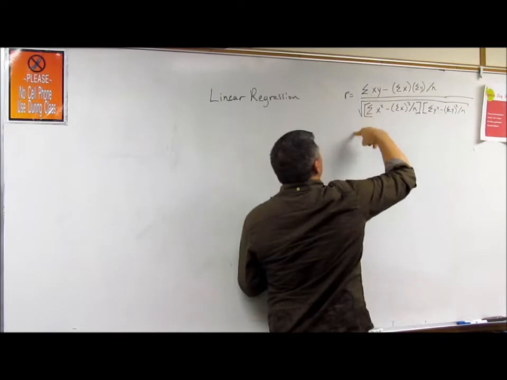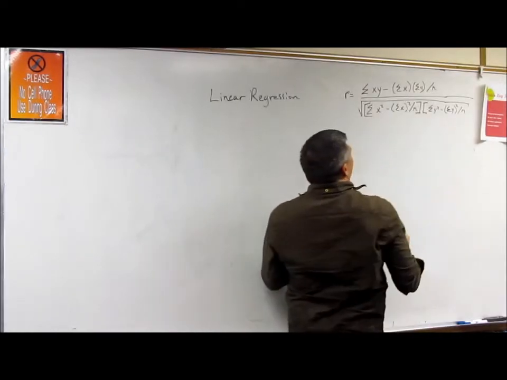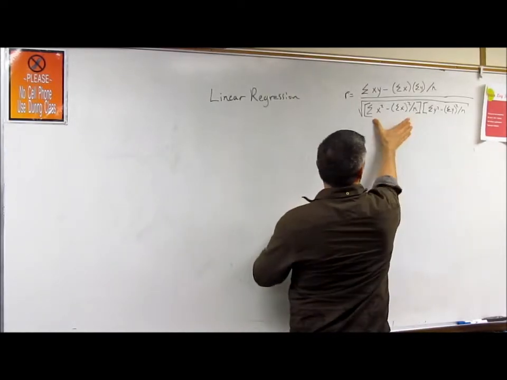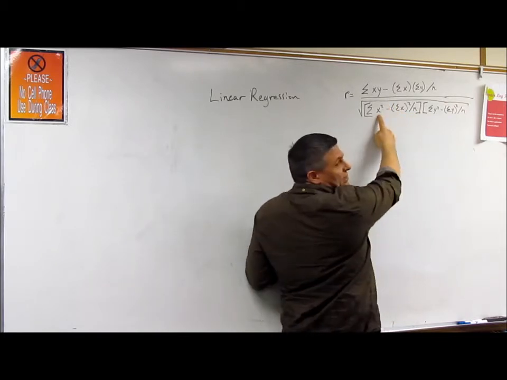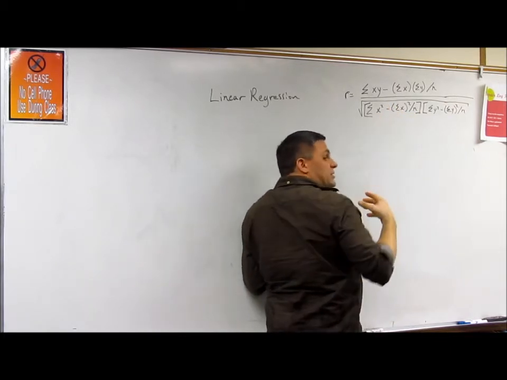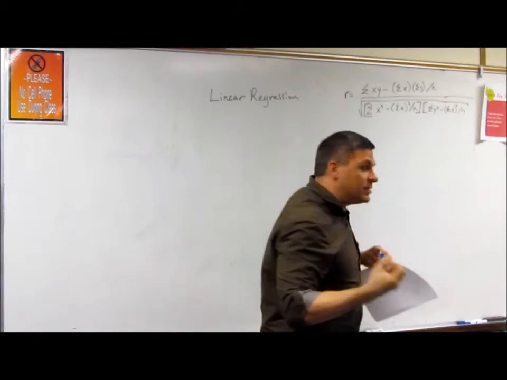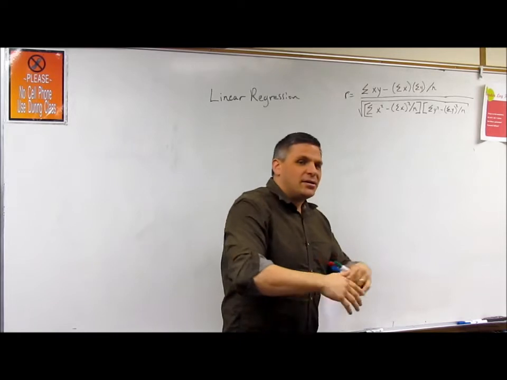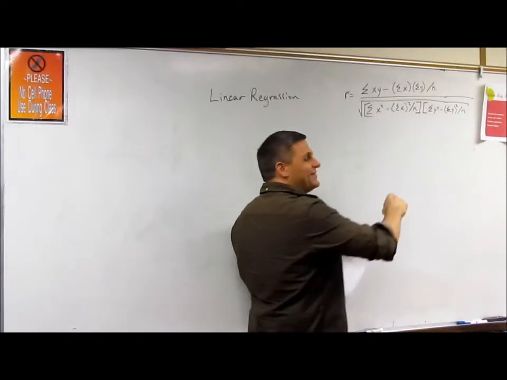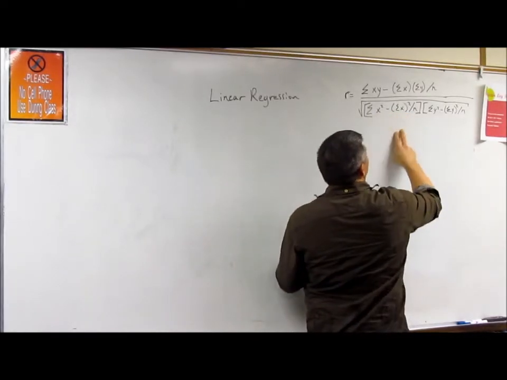All divided by the square root of the quantity. And this quantity right here is the summation of the x squares minus the summation of the x's, squared. So a little different.